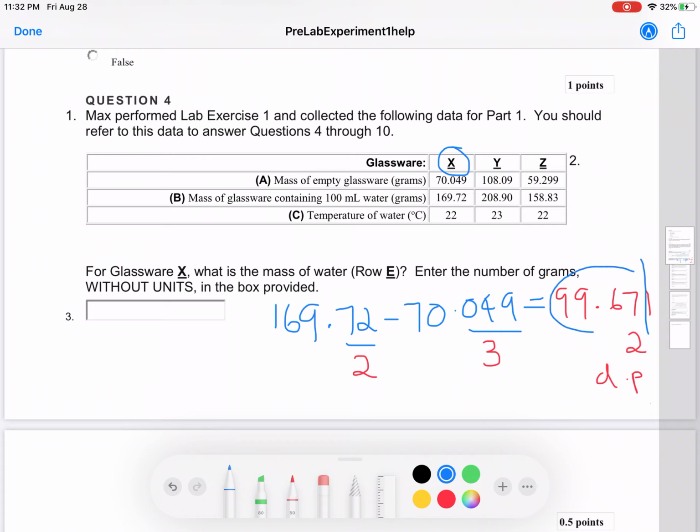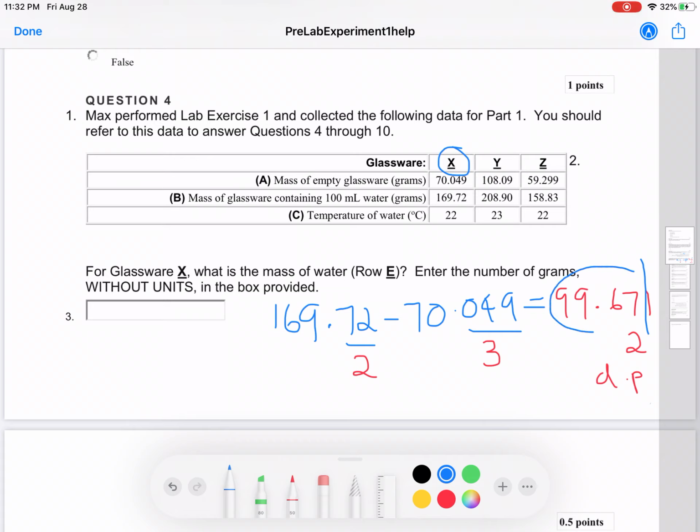So grams to grams get cancelled. So you're going to have your answer in milliliters. So when you do this calculation, you're going to get a number like this, 99.88957.